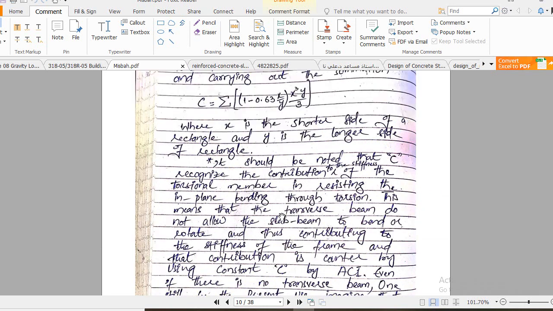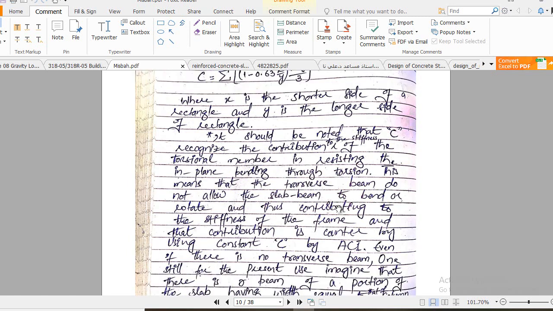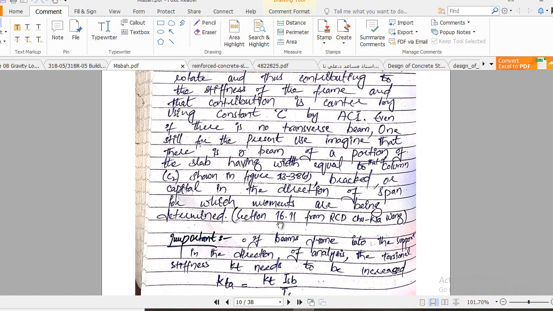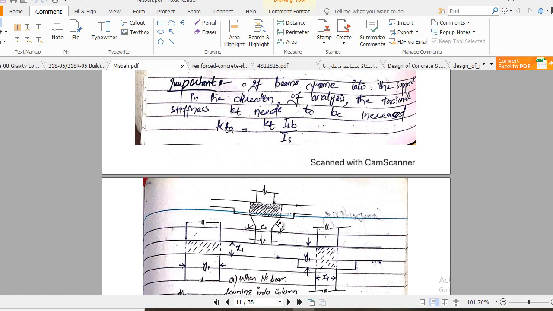It should be noted that C recognizes the contribution to the stiffness of the torsional member in resisting the in-plane bending through torsion. This means that the transverse beam does not allow the slab beam to bend or rotate, and thus contributes to the stiffness of the frame, and that contribution is accounted for by the constant C. This is the key function of C.